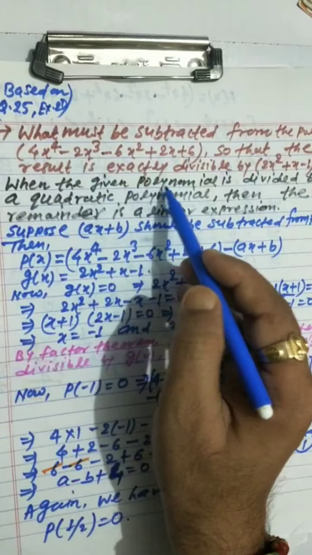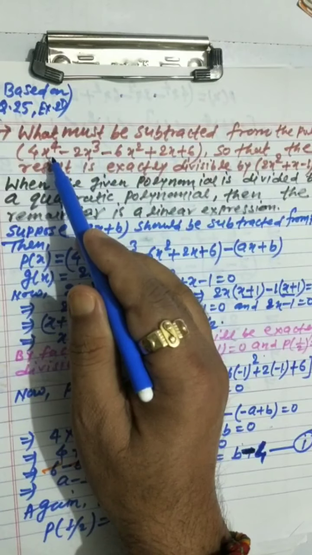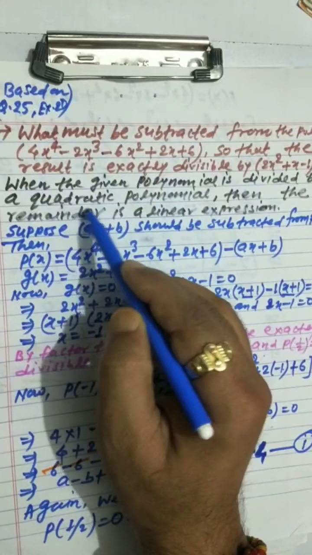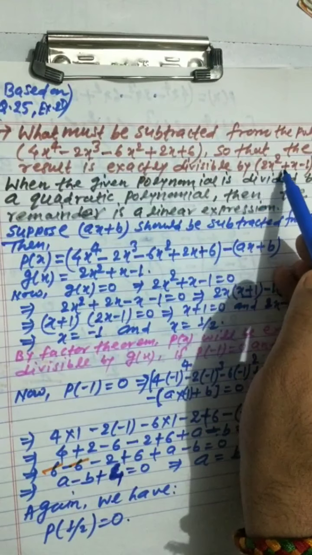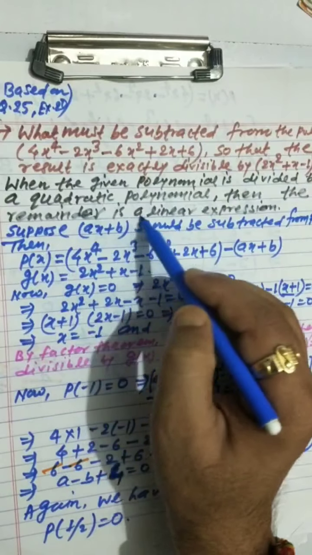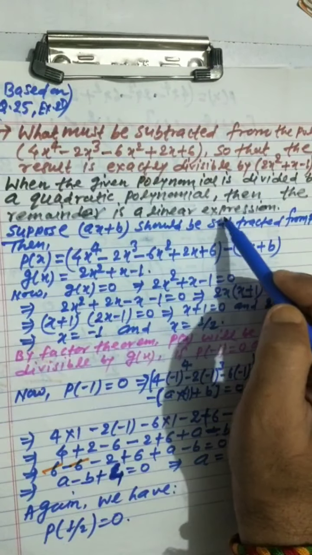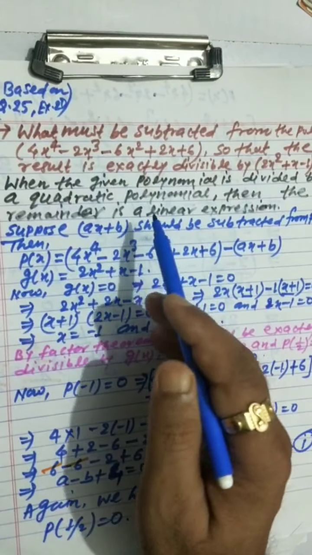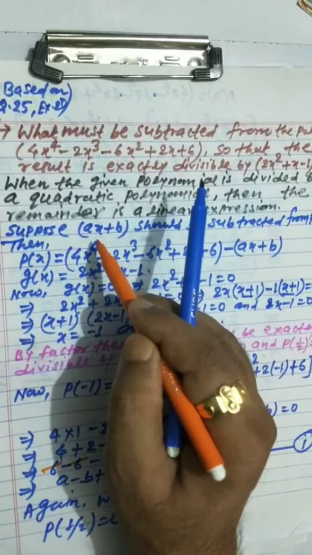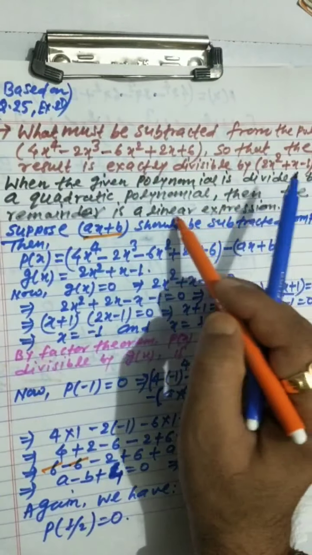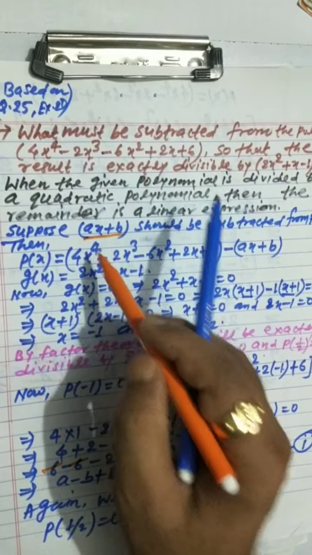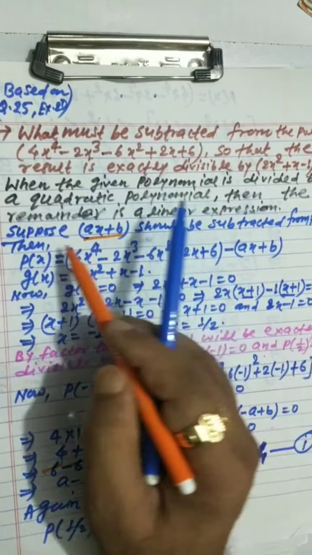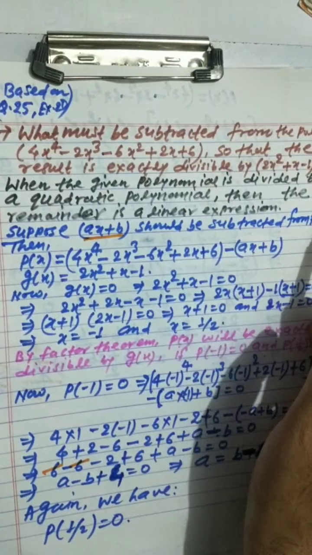So when the given polynomial, which is a biquadratic polynomial, that is its degree is 4, is divided by a quadratic polynomial, then the remainder will be a linear polynomial or linear expression. So let us suppose ax plus b should be subtracted, since the remainder will be a linear expression, and the standard form of a linear expression is ax plus b.